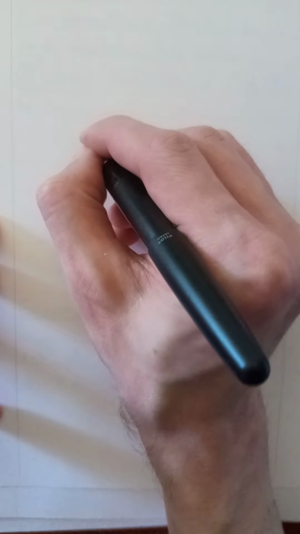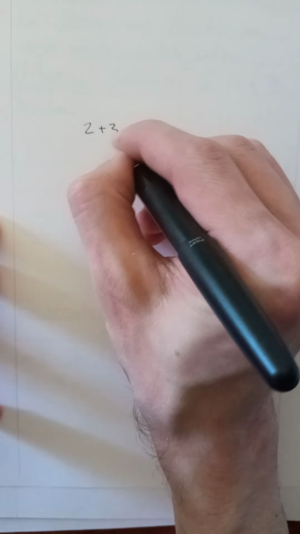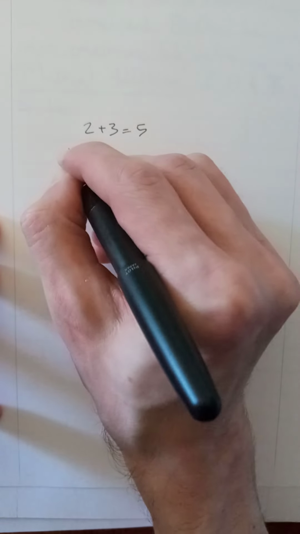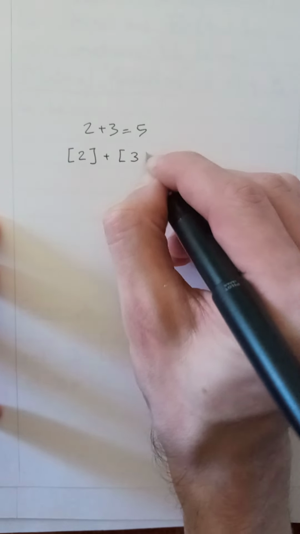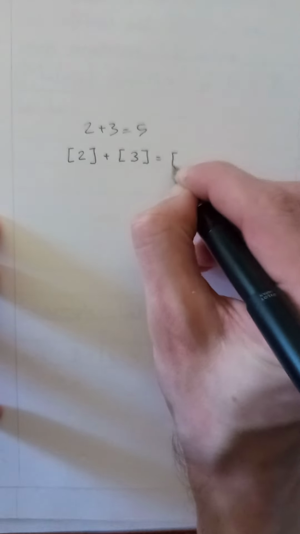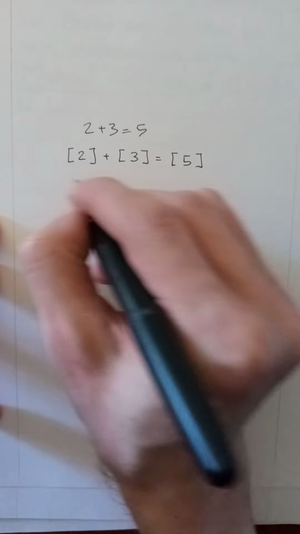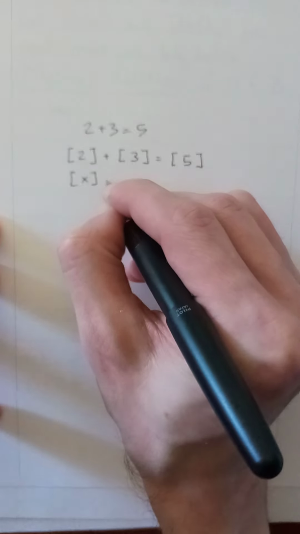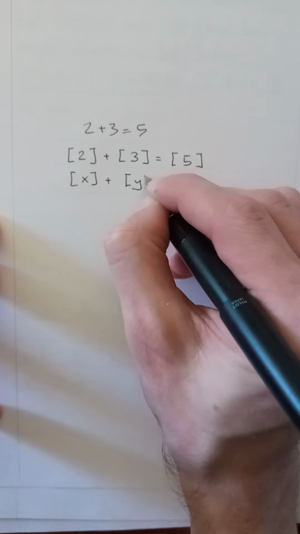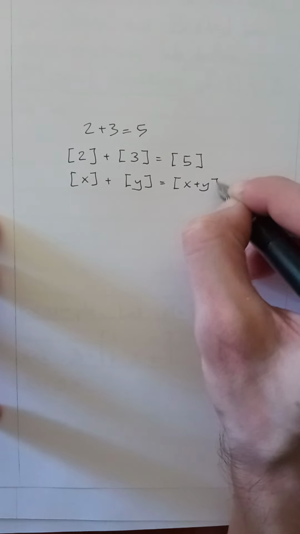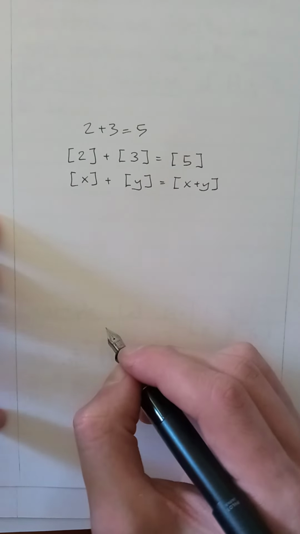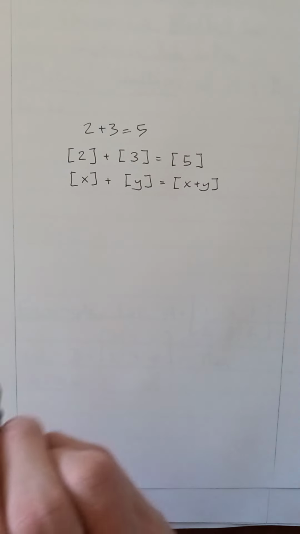Now we can try generalizing from that. 2 plus 3 equals 5, for example. So if we had 2 plus 3, I hope it's going to be equal to 5. Or more generally, if we have x plus y, it's going to be equal to the one-by-one matrix whose component is x plus y. How do we generalize from here?